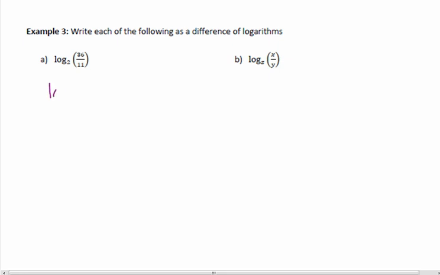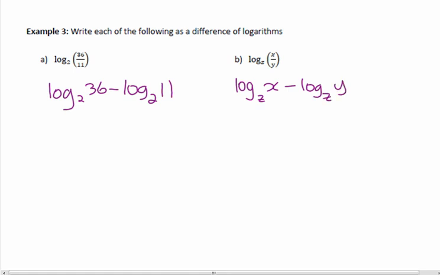Okay. So separating it as separate logs, what would I do if we have division on the inside? Subtraction. So log 2 of 36 minus log 2 of 11. Try this guy. Log z of x minus log z of y.